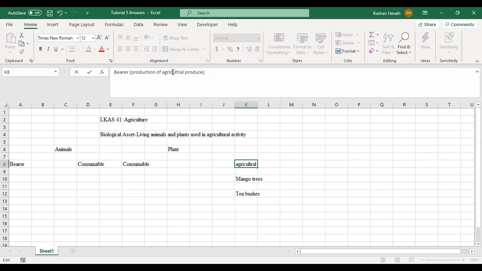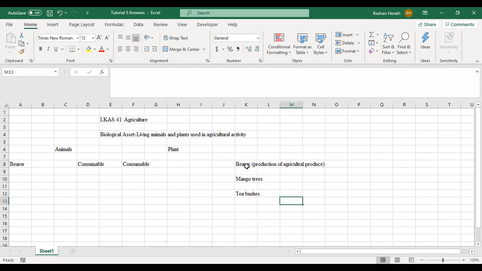And most importantly, when it comes to these trees, they will not produce the agricultural produce just once, but may produce it for more than one reporting period. That is the very nature.